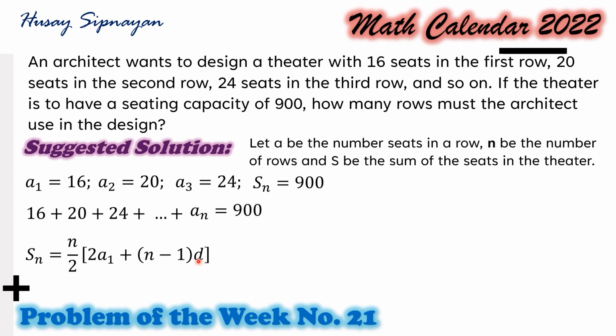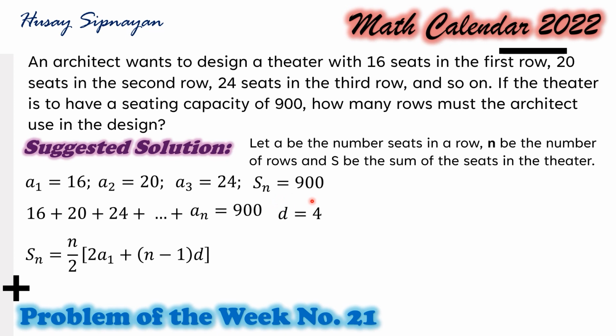From our given information, we already have a sub 1, that is 16, S sub n, that is 900, and we're looking for the value of n, so we only need to identify the common difference, and that may be obtained by subtracting any term by its previous term. So we have 20 minus 16, or we can have 24 minus 20, then the common difference is equal to 4.